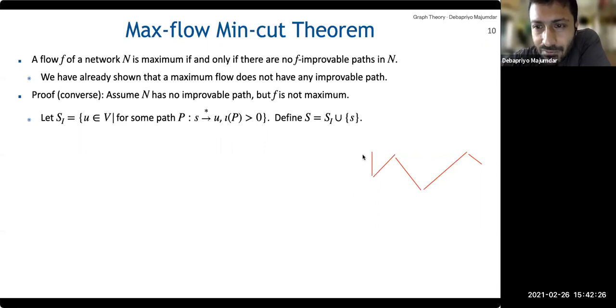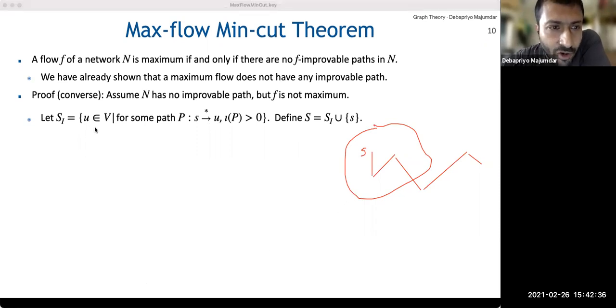So maybe from the source to some vertices I can still improve, but later on I should not be able to improve. That's what it means. So all vertices such that for some path P from S to u, iota of P is greater than 0. Okay, and then define our S to be this Si and the source.